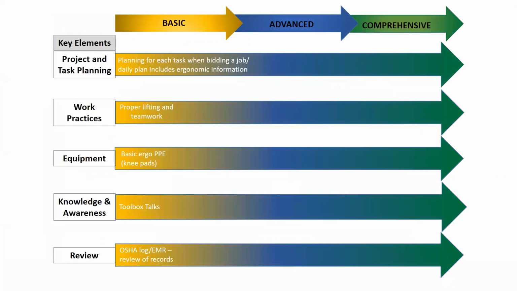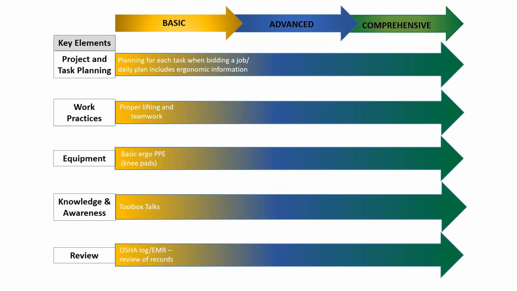This graphic shows examples of activities across all elements of a basic ergonomics program. Project planning tools may include worksheets to help develop ergonomic hazards and solutions to address in a project bid or for pre-job and daily planning of best ergonomic methods and work tasks. Workers are trained on simple ergonomic techniques such as proper lifting and teamwork.